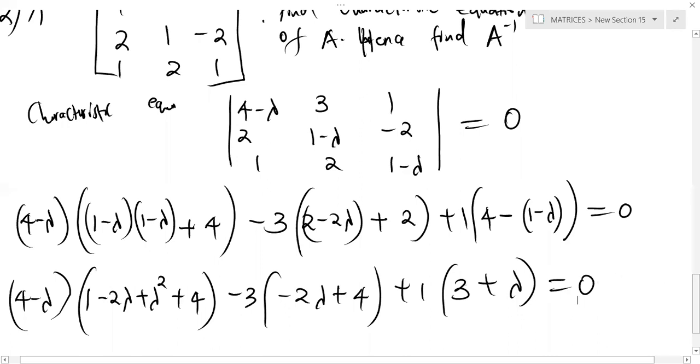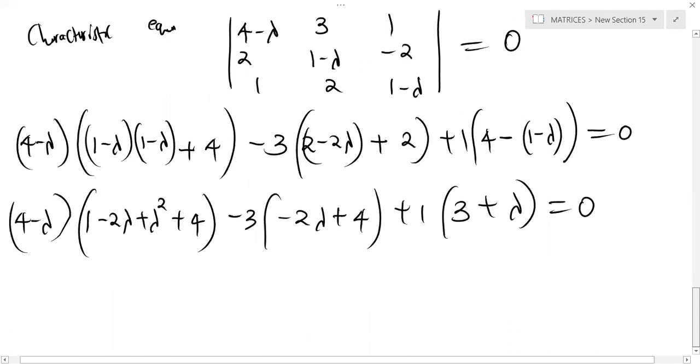Okay, simplifying this, we will have, so opening this up with 4. So let's see, 4. So even this and this, we should have just written it as 5. So instead of having this and this, I can just have plus 5. Okay, now let's open up this bracket here with the 4.